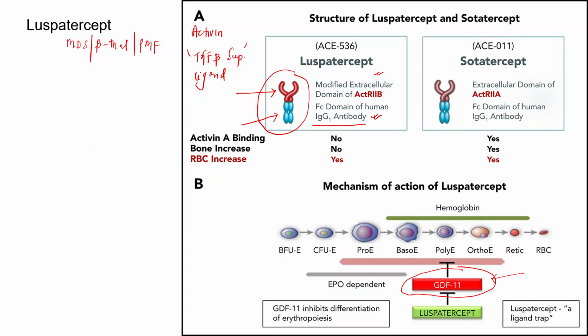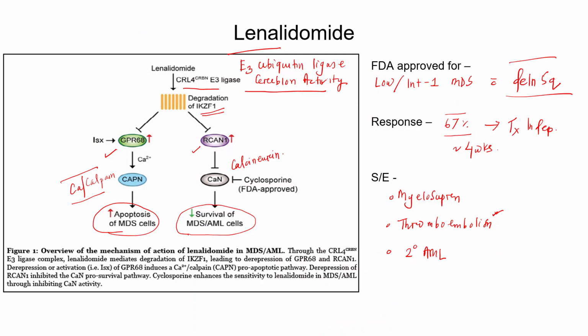This is about luspatercept. One point I forgot to tell in lenalidomide, that this drug is less effective if the platelet count is less than 50,000. Remember, these MDS patients who have deletion 5q usually will not have thrombocytopenia. These patients will have either a normal platelet count or a thrombocytosis.